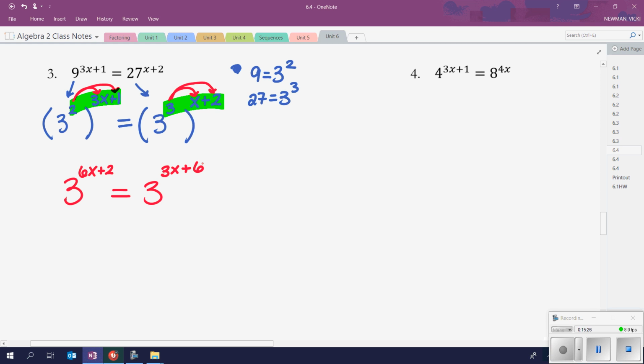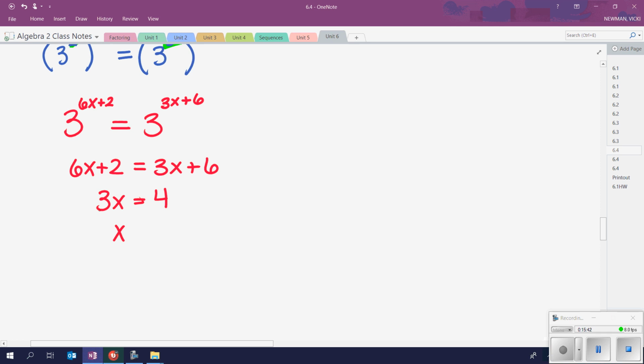Now that you have equal bases, by the properties of equality, you know the exponents are equal, and you can solve that equation. So I'm going to bring the 3x over here, subtract the 2 over here, and get x equals 4/3.